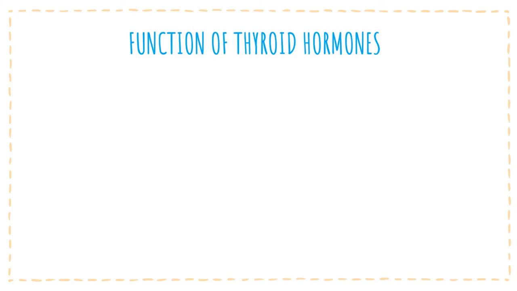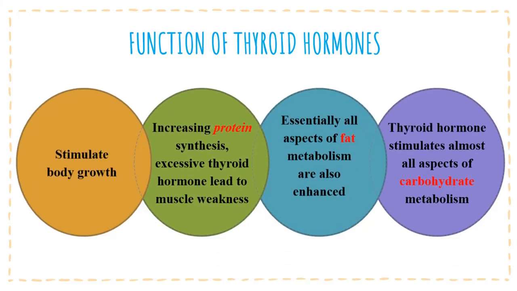Function of thyroid hormones. Stimulate body growth, increasing protein synthesis. Excessive thyroid hormone leads to muscle weakness. Potential effects on aspects of fat metabolism are also inherent. Thyroid hormone stimulates aspects of the carbohydrate metabolism.